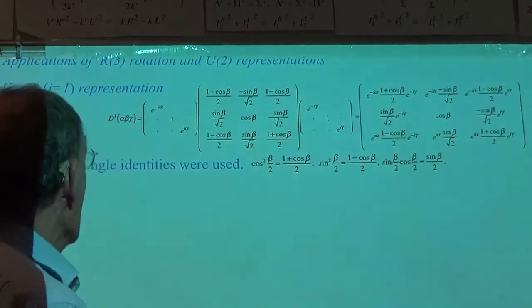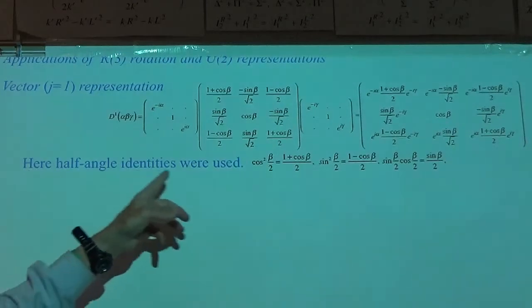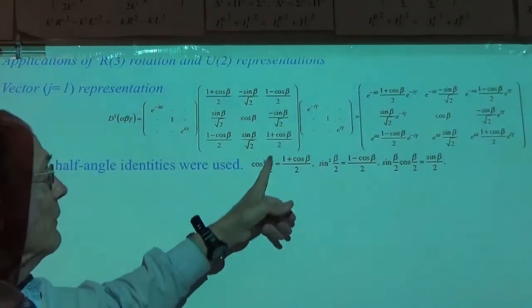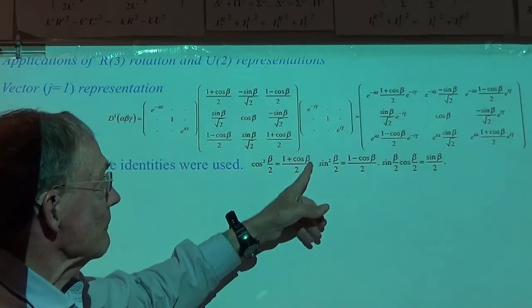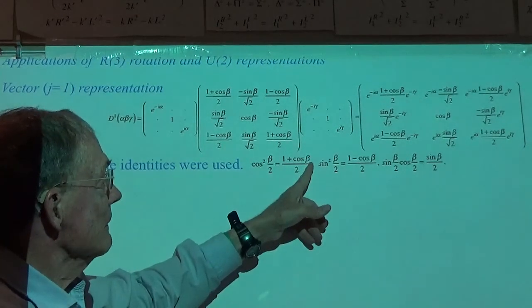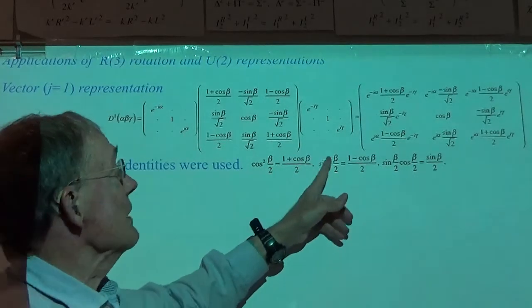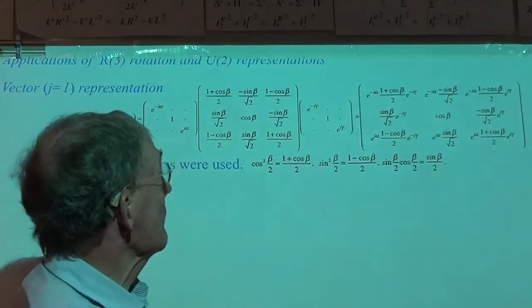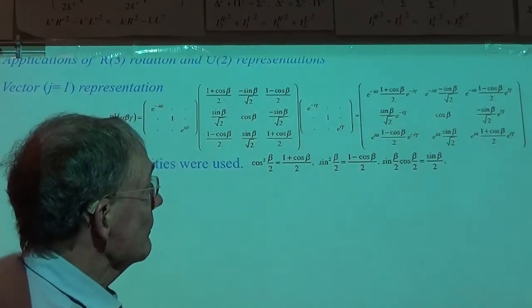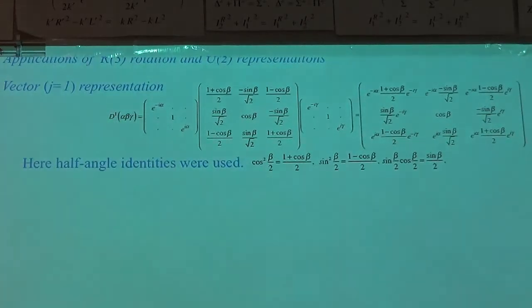Now, everything is in half angles because that's what spinors use. But we can easily turn the beta over 2 into a single beta instead of a half beta: 1 plus cosine beta, which is cosine squared of beta over 2, and 1 minus cosine beta, which is sine squared. See, they're all squared in the relationships that you get from the formula we just derived.